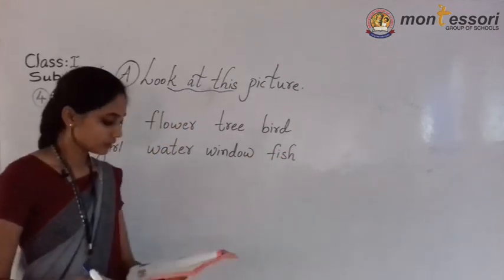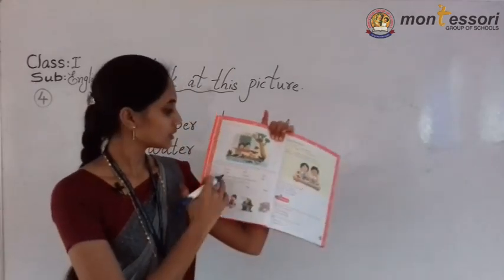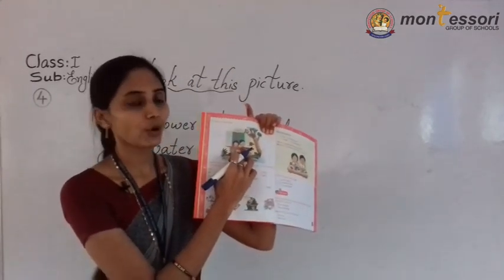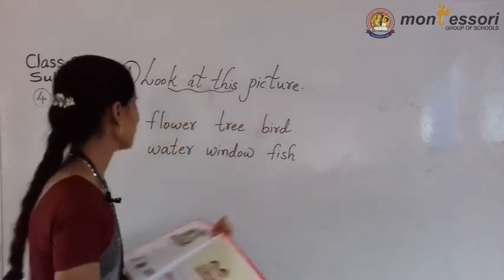Now, first one is boy. See, who is he? Boy. Now, we have to circle that word, boy.